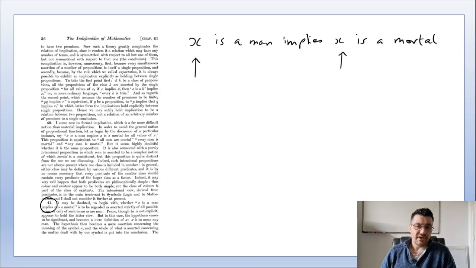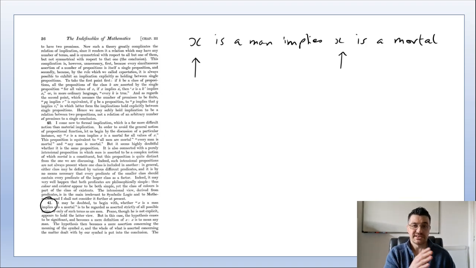So a variable is restricted to a type, but within a particular type, the variable is unrestricted. So we still have formal implications in Principia Mathematica, but the variable, an apparent variable, will have unrestricted range within a particular type.